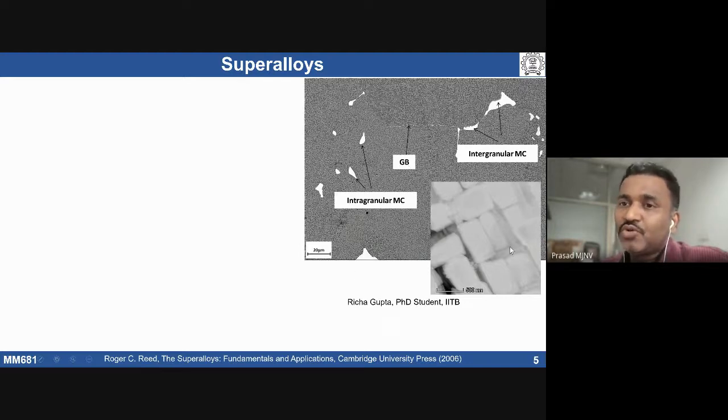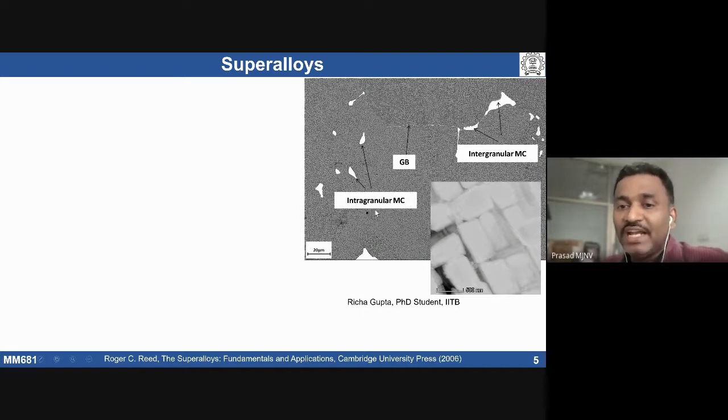If you look here, the superalloy contains more than 50% gamma prime precipitates. Apart from gamma prime, we also see some other compounds like metal carbides, and some carbides or borides around the grain boundary of the material. So we are talking about gamma prime, carbides, borides, so many things.